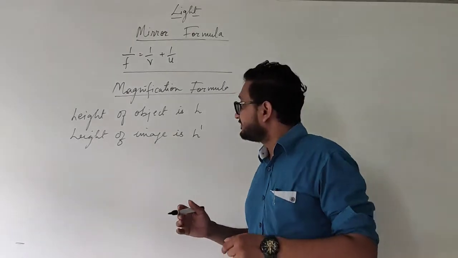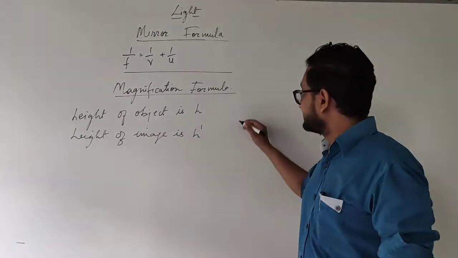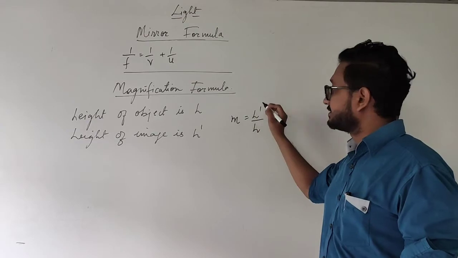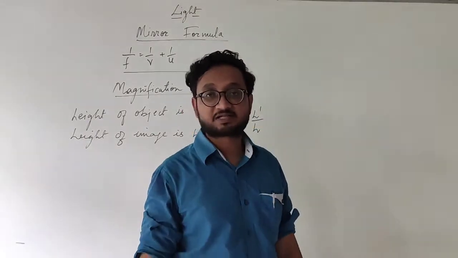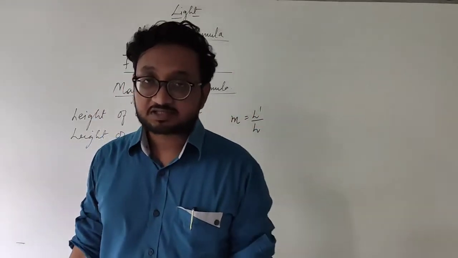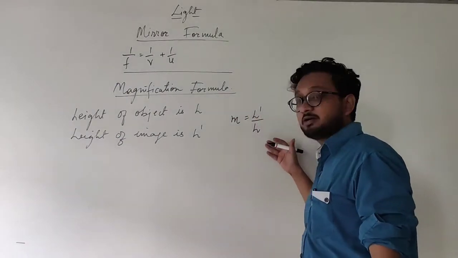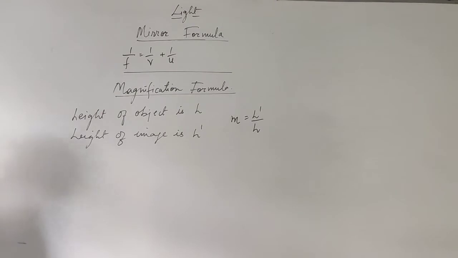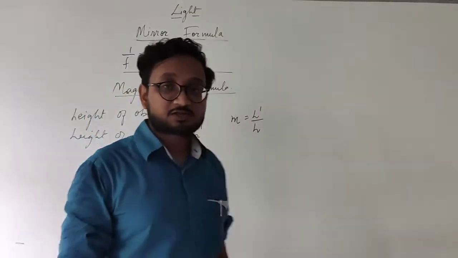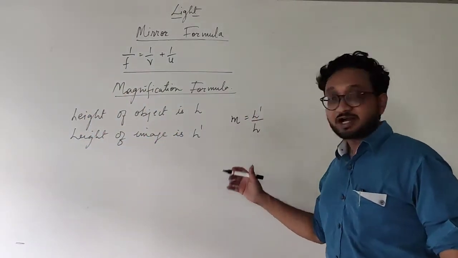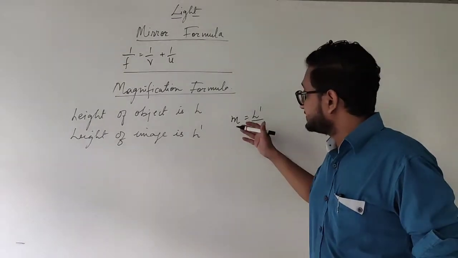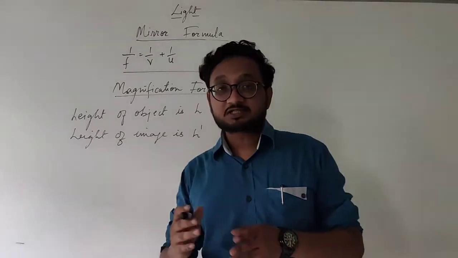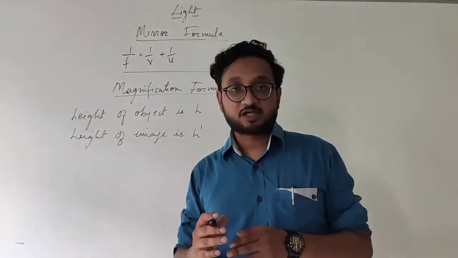Okay? And for this we have a simple formula, that is magnification m is equal to h dash upon h. Quite simple. Okay? Magnification is given by h dash upon h. You will understand these values once we start with the numericals, and this magnification formula is also given by the distance of the object and the distance of the image as well.